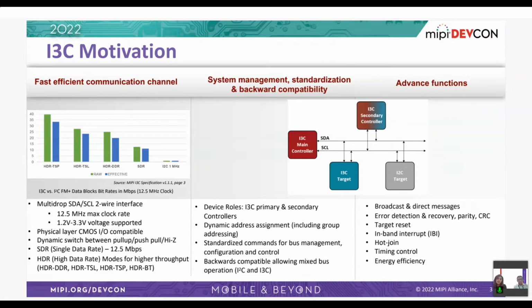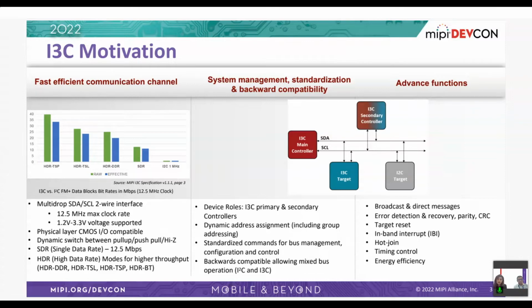In the end, it gives us a more unified, faster, cost-efficient, and high-performance interface. It is implemented using CMOS IOs and uses two wires to reduce the pin count, similar to I2C. It also helps to reduce the number of signal paths between the components.